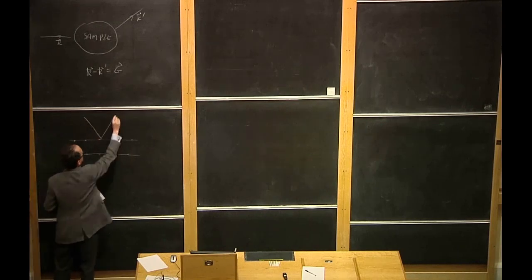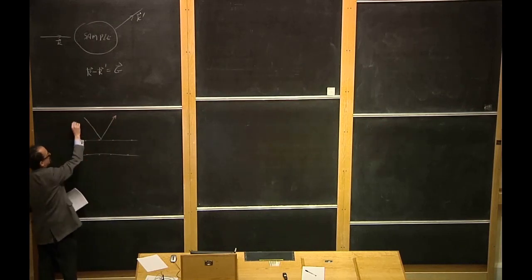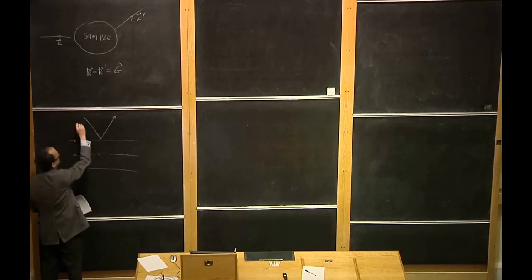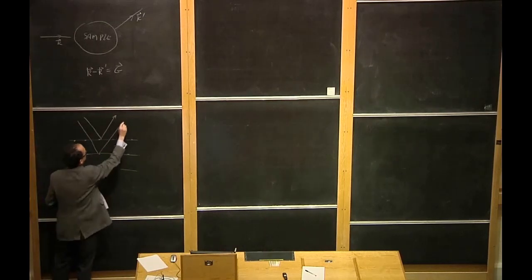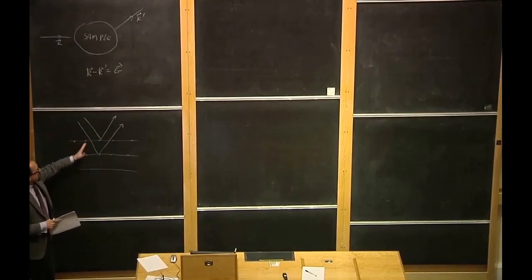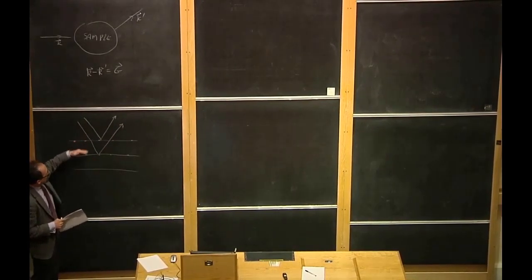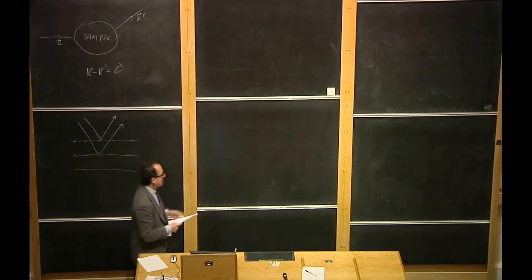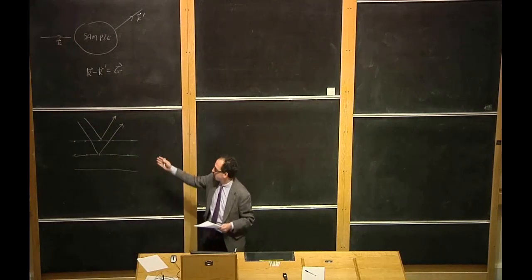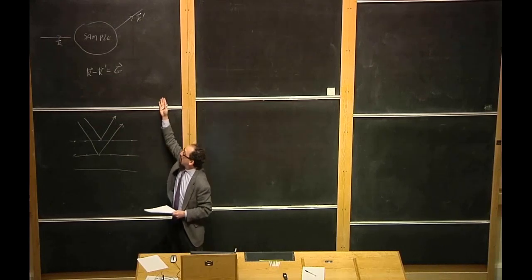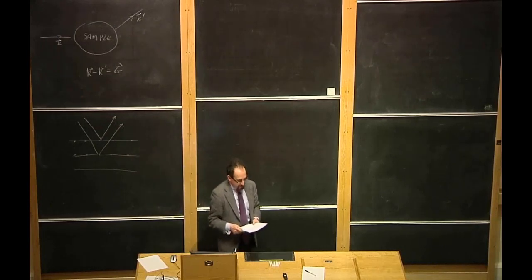If you have light or X-rays or neutrons coming into a family of parallel lattice planes, we understand how you can get diffraction at certain angles off of a parallel family of planes. And I'm going to claim that this condition here is actually equivalent to that. So first we're going to review some things about diffraction off of planes. Then we're going to show that the Laue condition and the diffraction condition are the same.